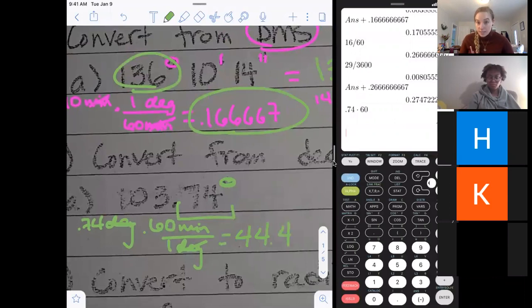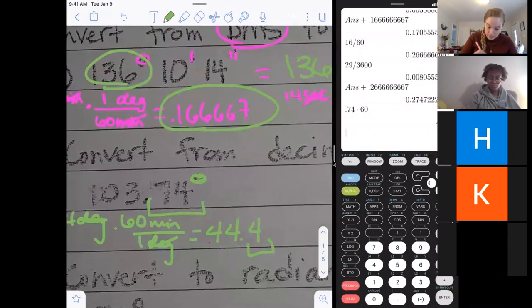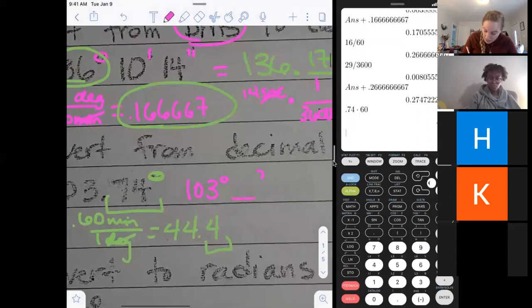Now I literally just got done telling you that it needs to be a whole number. This decimal is okay. We're going to need to make that decimal of a minute into whole numbers of a second. Our answer in this case is going to be 103 degrees, some amount of minutes, and some amount of seconds.